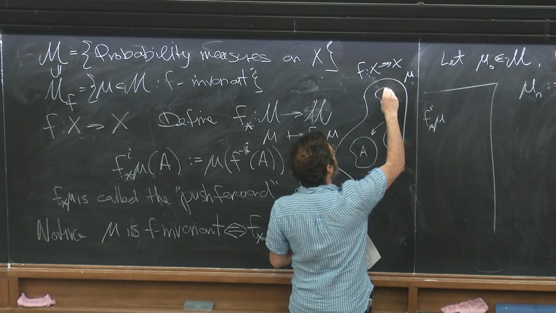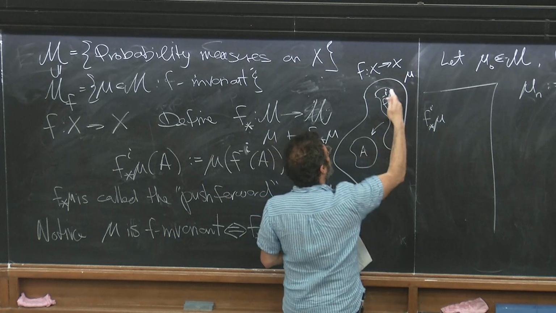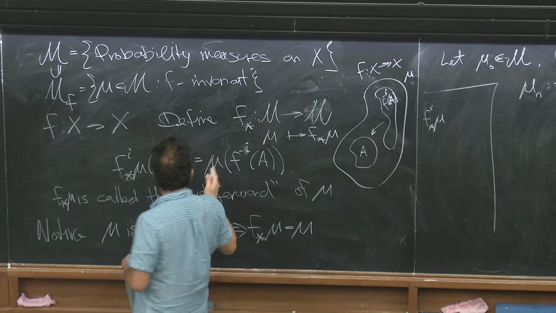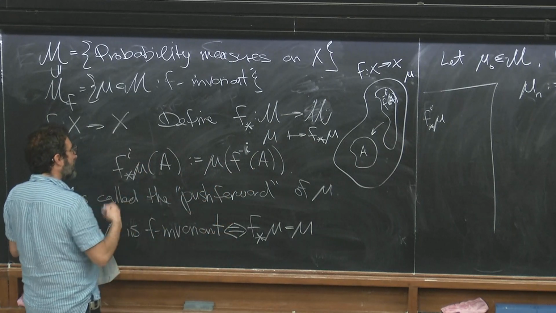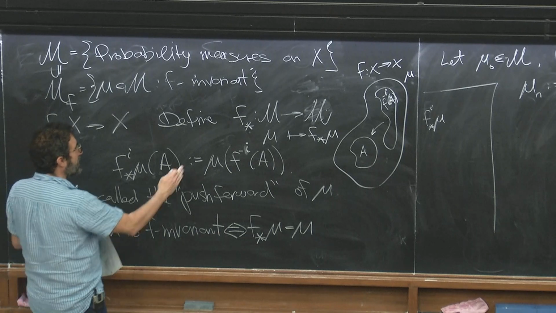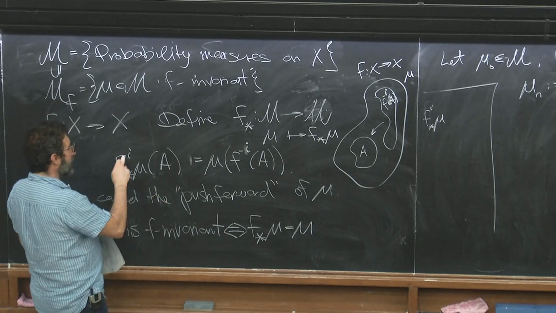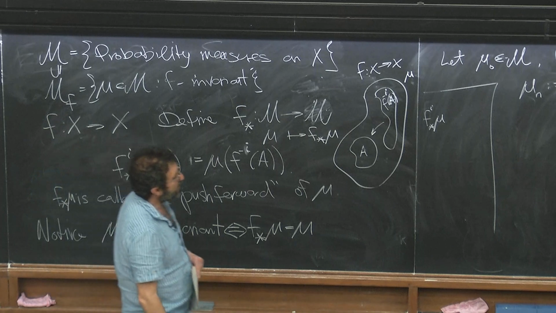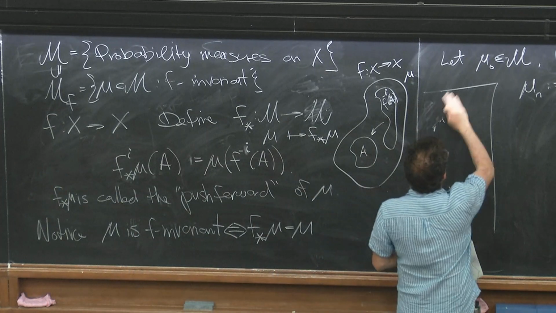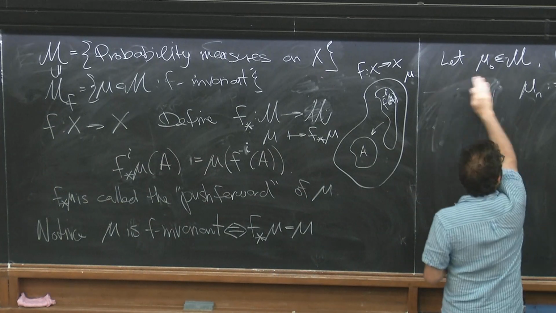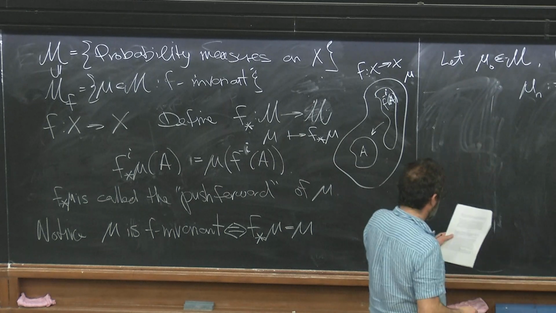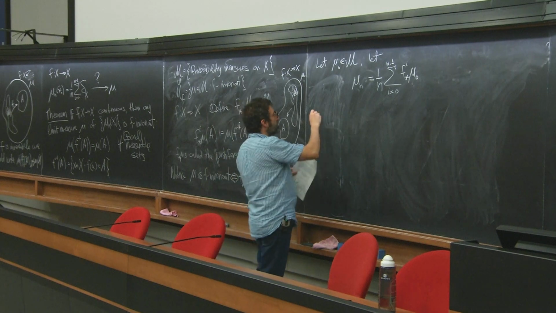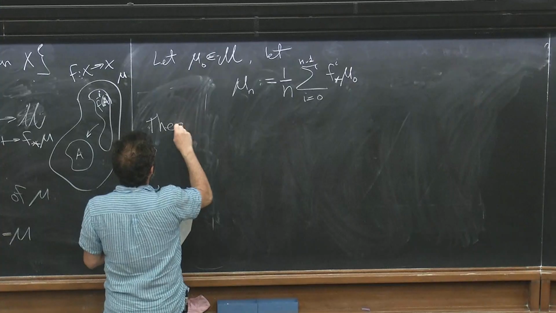Now if you take fi of A and you look at the mu measure of f minus I of A, that corresponds exactly to iterating this map I times. Okay, so this is what we do here. We're going to take the iterates of this map, and then we're going to prove the following theorem.